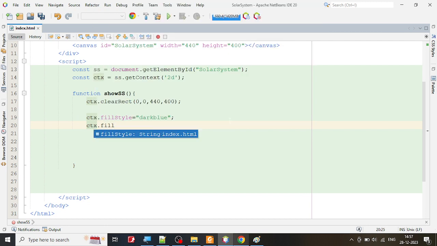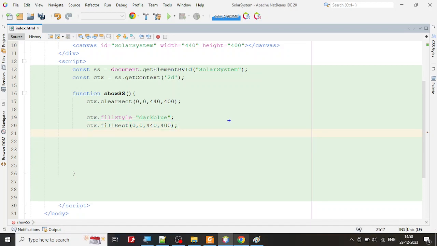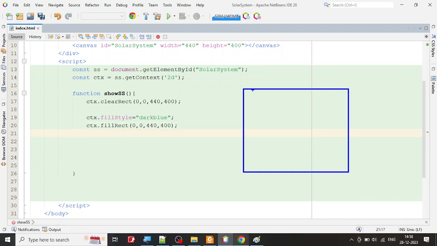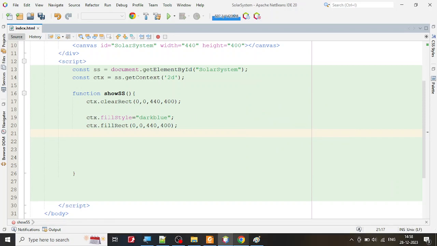I'm going to say fill rect, starting from 0, 0 till 440, 400. In other words, I'm going to fill this rectangle with the blue color starting from 0, 0 up to the last point over here, 440, 400. So this whole rectangle from here to here will be filled with the blue color.